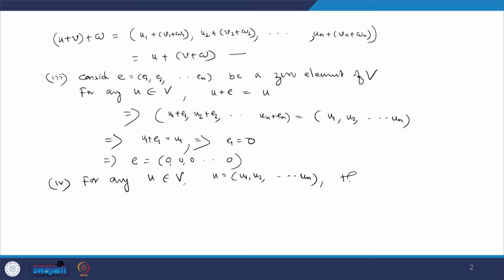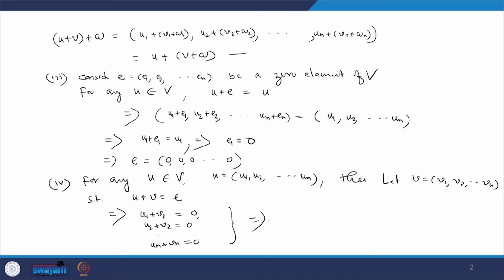Then let v equal to v1, v2 and vn, which is again an n-tuple which belongs to capital V. Suppose it is an additive inverse of u such that u plus v equal to E. So, this implies that I will have u1 plus v1 equal to 0, u2 plus v2 equal to 0 and so on, un plus vn equal to 0.